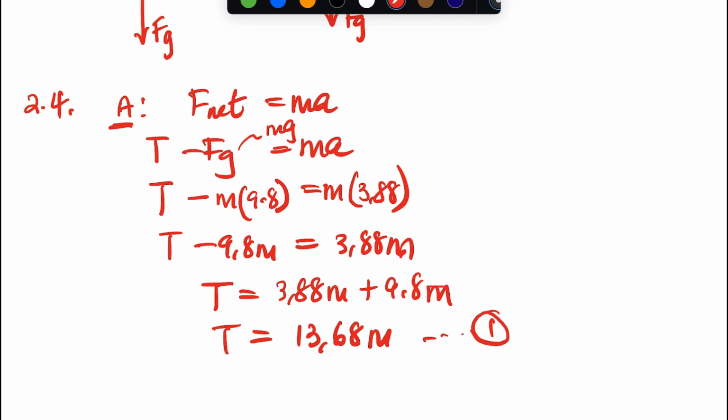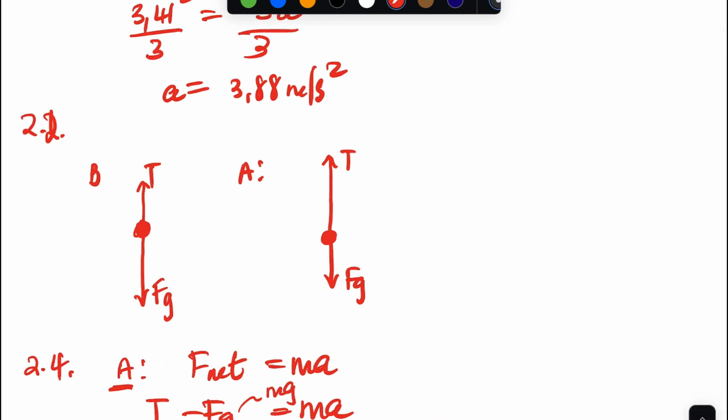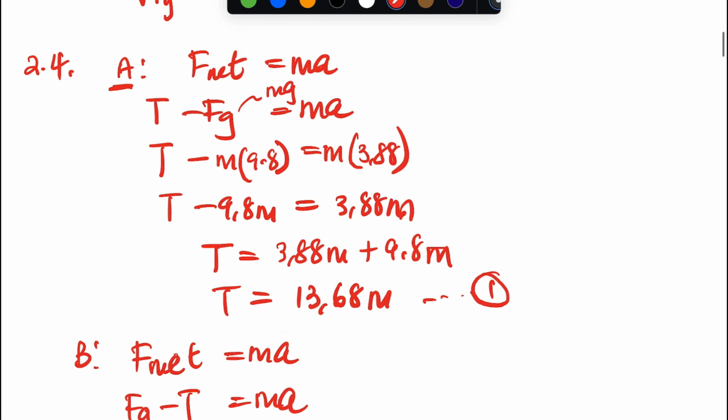So now we go to equation 2. Equation 2 will be for block B, where we are given the mass. F net is equal to ma. So now in block B, guys, we said up is negative and down is positive. So we're going to have Fg, that is positive, minus the tension force is equal to ma. What do you need to take note of? The tension forces are going in opposite directions all the time.